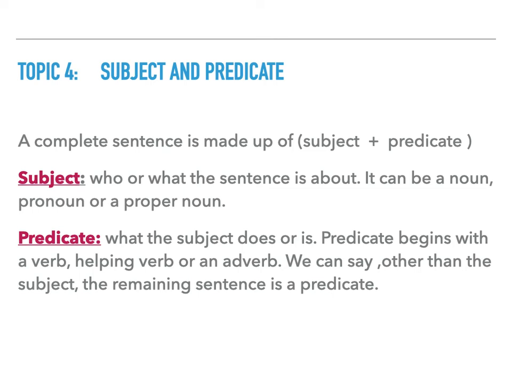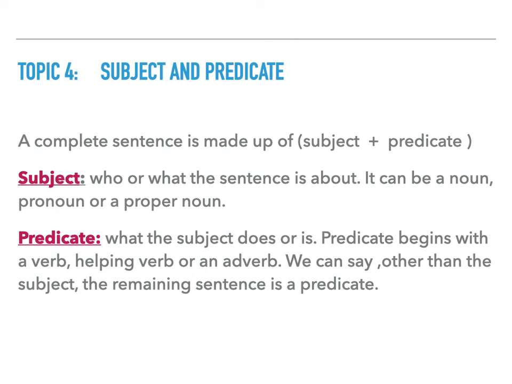Okay, let's start from here. A complete sentence is made up of subject and predicate. Subject: who or what the sentence is about. It can be a noun, pronoun, or proper noun. And predicate: what the subject does or is, right? Predicate begins with a verb, helping verb or an adverb.